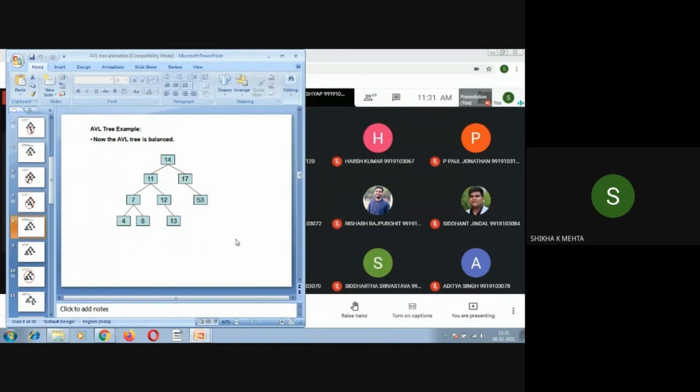Then what do we do? We again apply the rotation and then we insert. We apply this rotation because we cannot repeat the same thing and get back to it. So we apply the rotation over here and we place the 8 at the appropriate position. So here you can see the complete tree has changed.